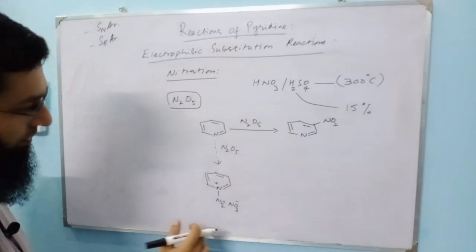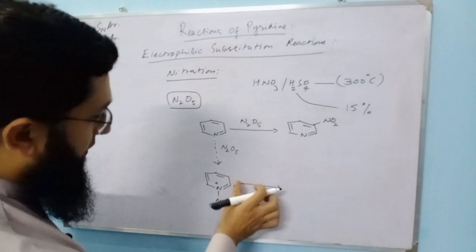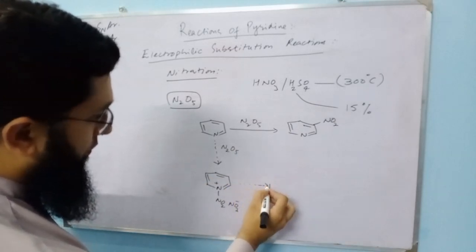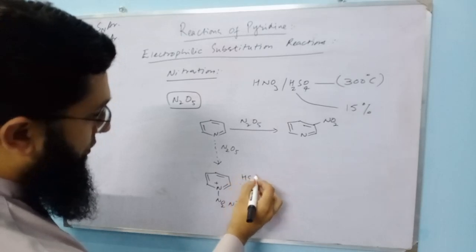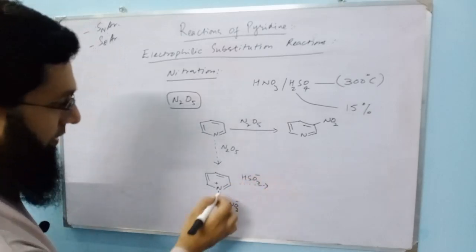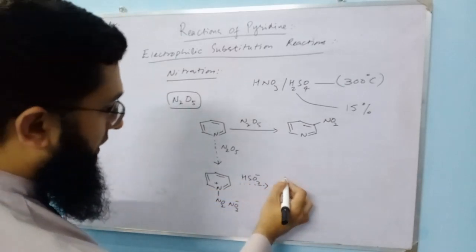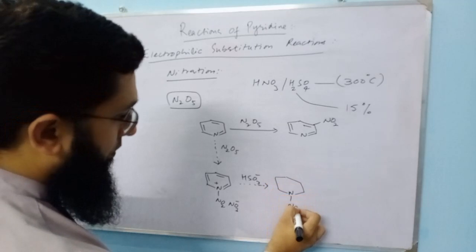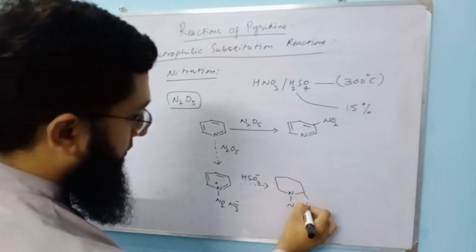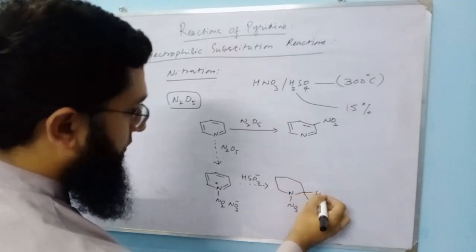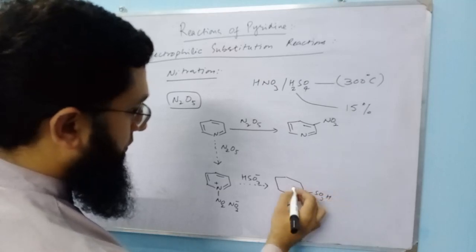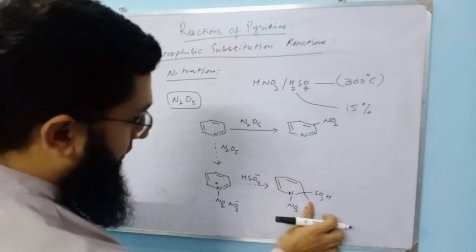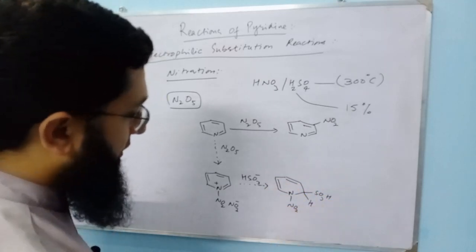In the first step this is formed, and then HSO3 negative attacks here at this position, and we get this.